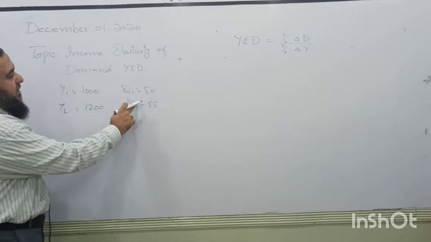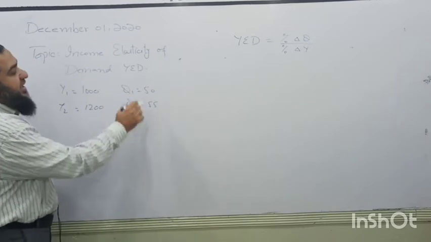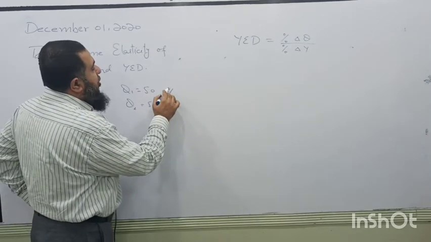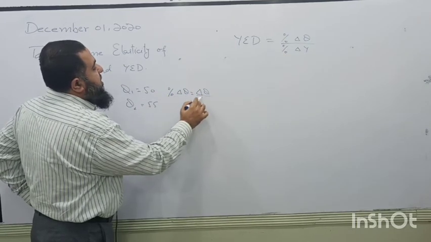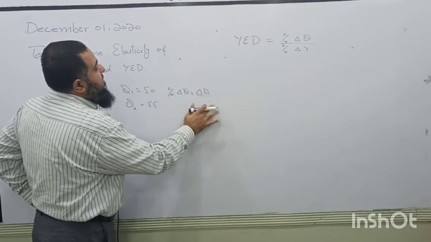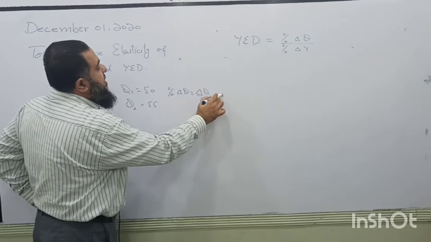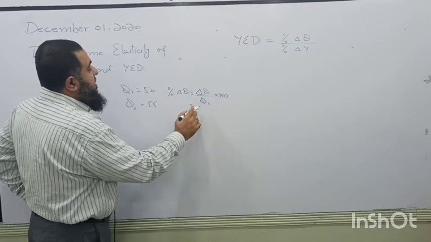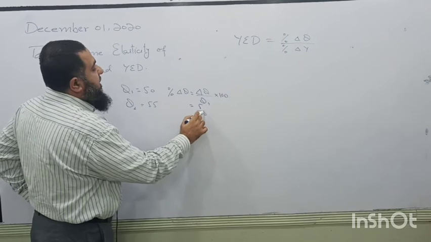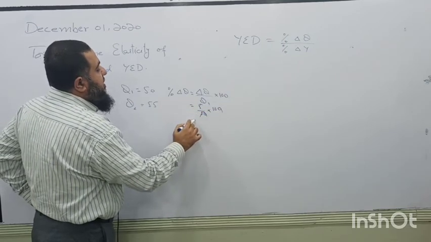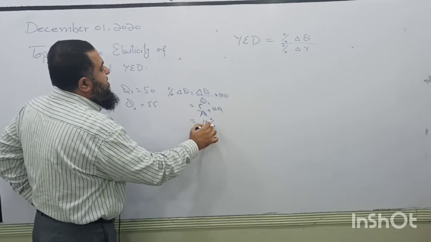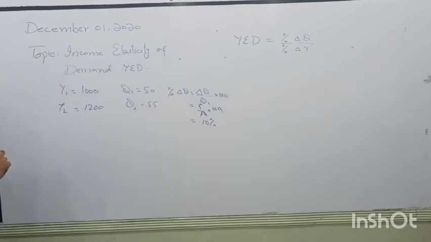If you measure the percentage change in quantity, it is the change in quantity over original quantity into 100. The change in quantity is 5, so 5 over 50 into 100. We find this is a 10% increase in demand for this product.